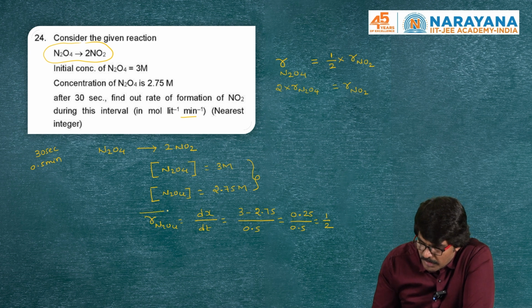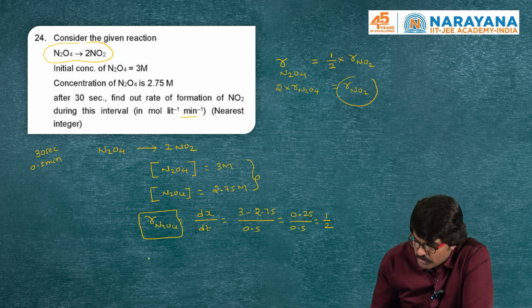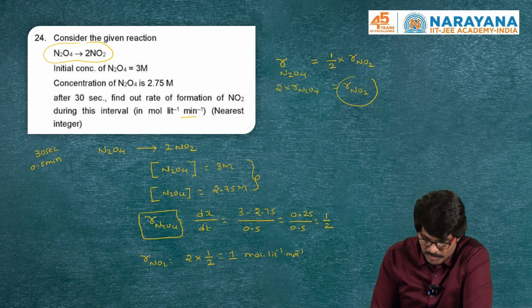But the question is about the rate of NO2, which is 2 times. Therefore, rate of NO2 is 2 times the rate of N2O4, which is equal to 1. The units are mole per liter per minute. So the answer will be 1.